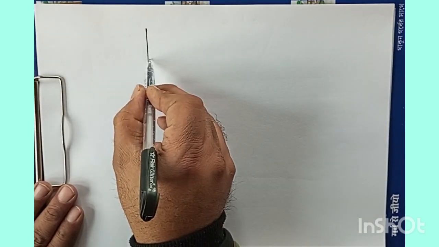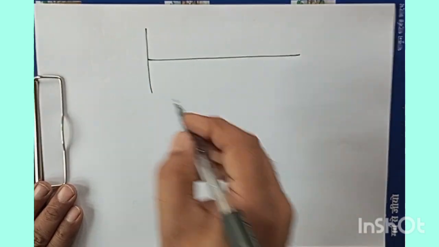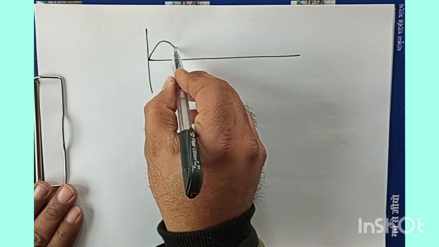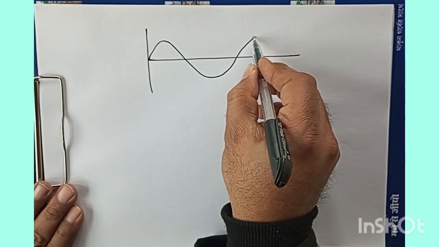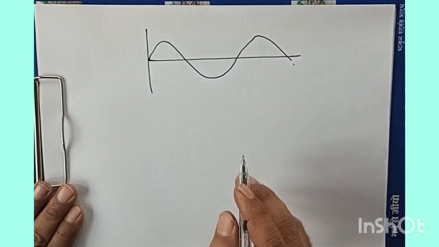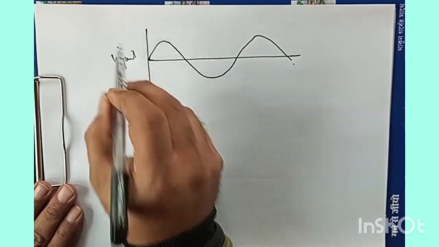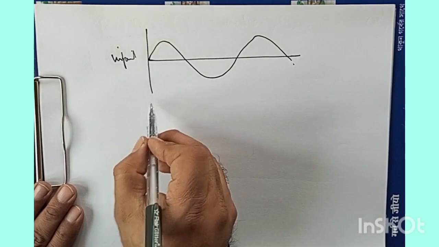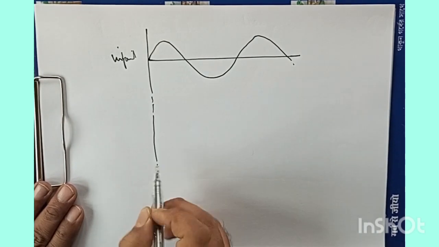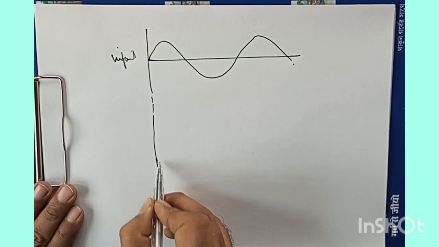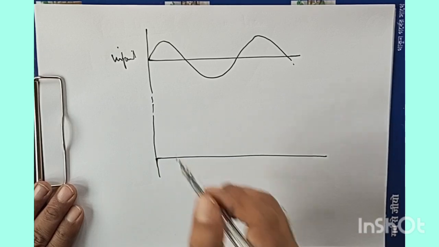So if we go with the input signal here in this case, suppose I have an input signal, it will be like this, right? So this is my input, and corresponding to this, I would like to plot the output.